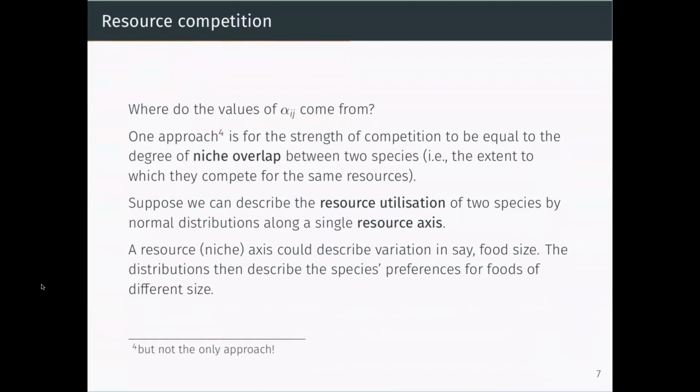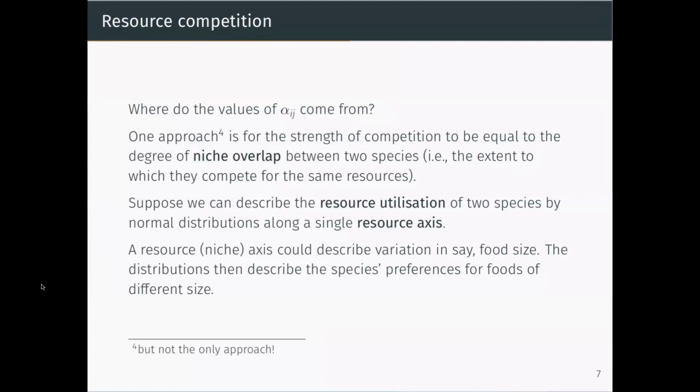So the idea of an ecological niche is this set of, in the context of resources, the types of resources that a species uses, and a niche overlap is therefore the extent to which two species share similar resources or preference for resources.